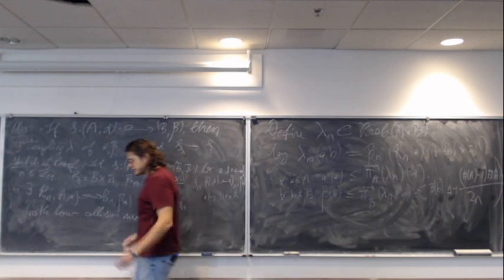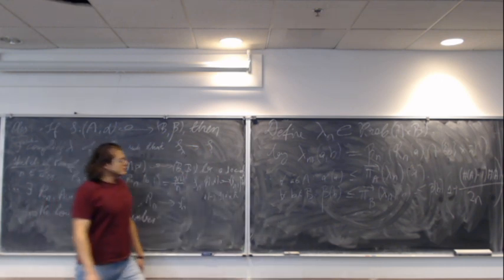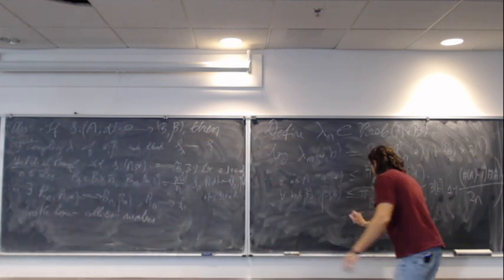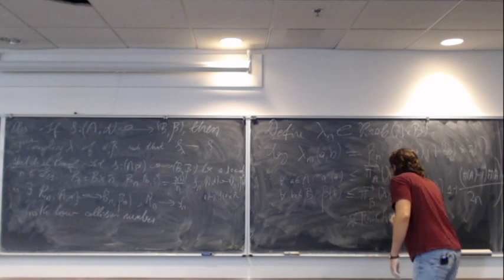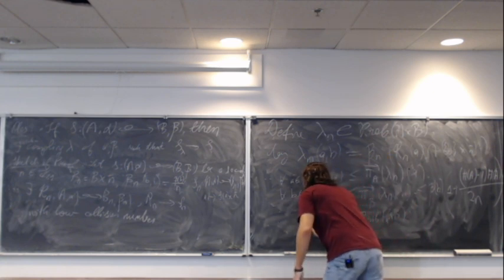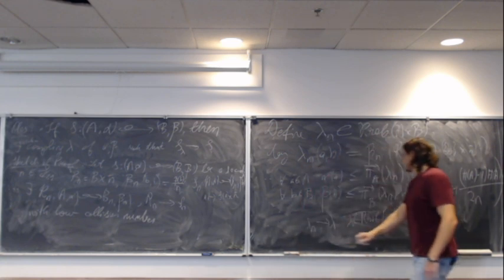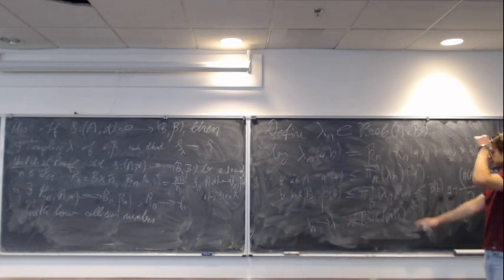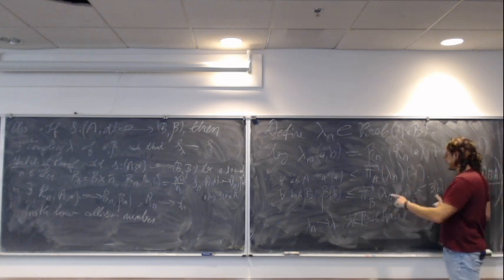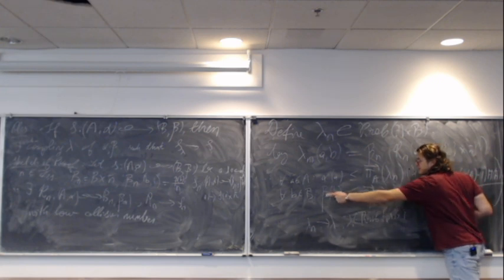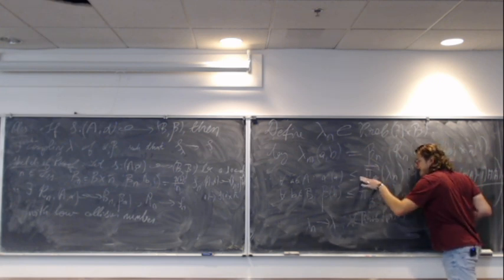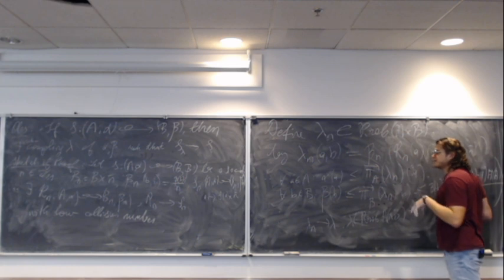Take an accumulation point of them. In the limit, you have a lambda. So accumulation point lambda. In the limit, you're going to have a lambda such that the B marginal, B push forward, is equal to beta. A push forward dominates alpha.